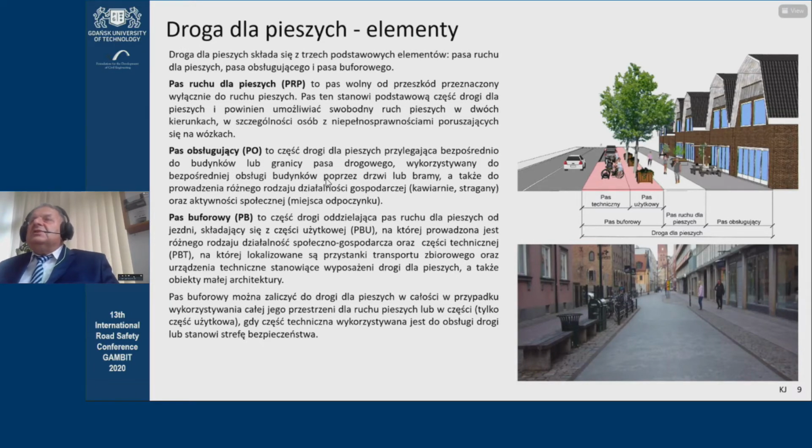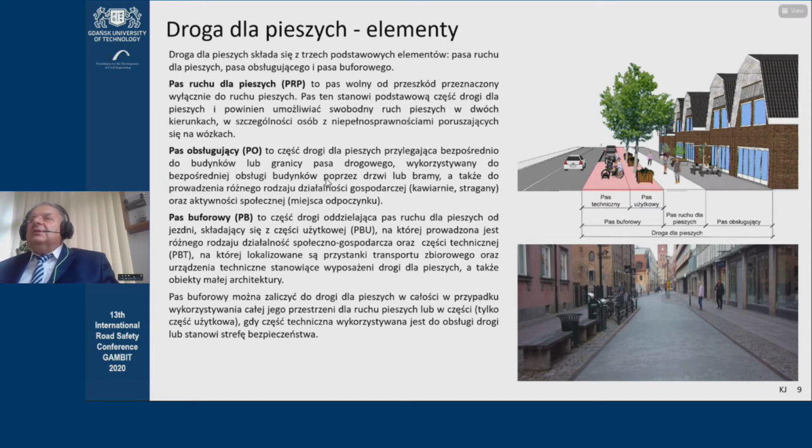What is a pedestrian pathway? It consists of 3 functional lines. In many cities, this is used. Also, we mentioned in our guidelines, we talked about 4. Here we have 3, but the third is divided into 2 parts. The basic walkway.